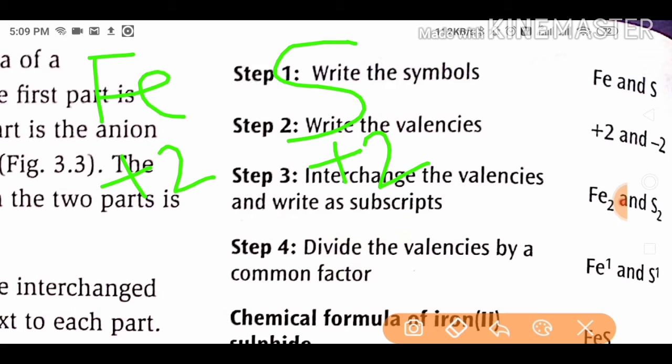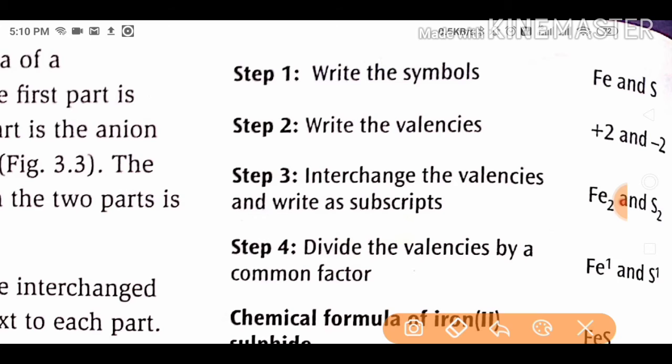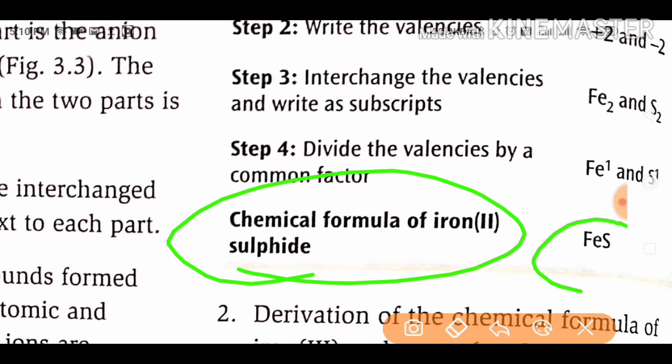Interchange the valencies and write as subscript. Here comes 2 and here comes 2. Then divide the valencies by a common factor. 2 by 2 is 1, 2 by 2 is 1. Now 1 and 1 come, so you write simply Fe and S, because only one valency comes here. So the chemical formula of iron sulfide is FeS.